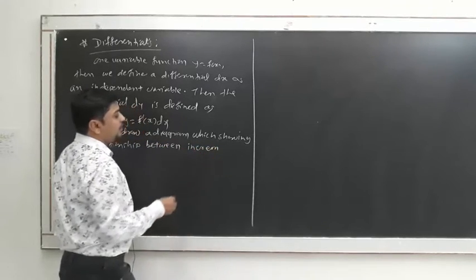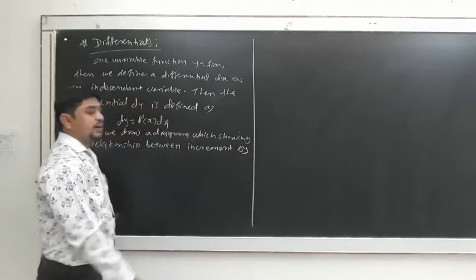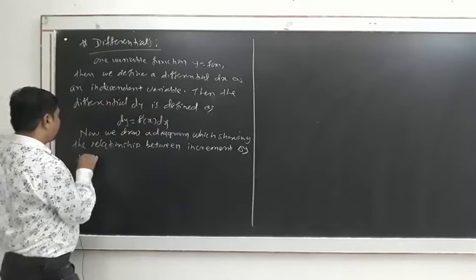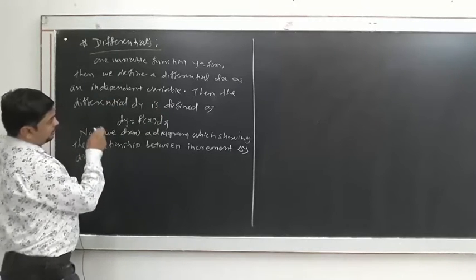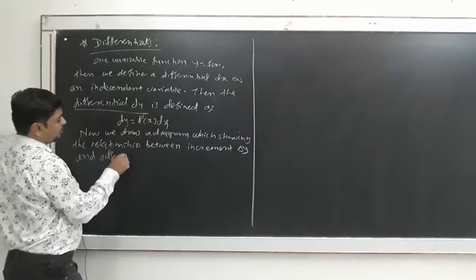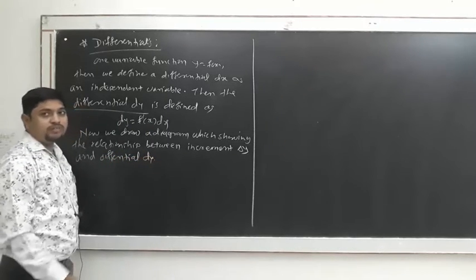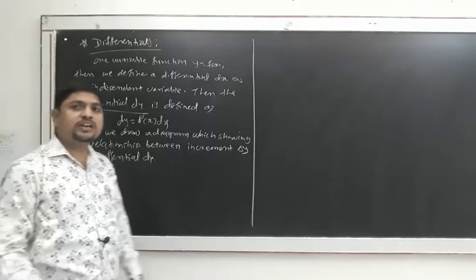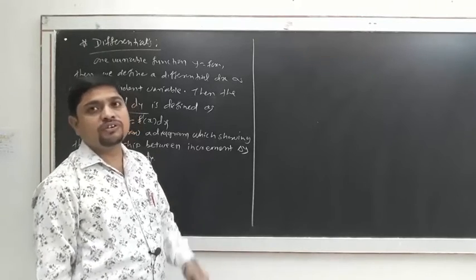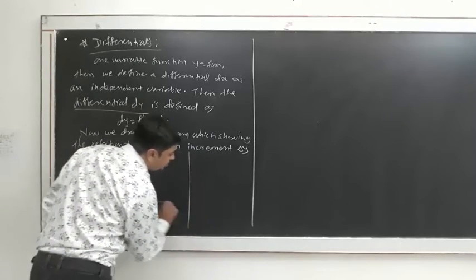Yesterday we defined the increment in y as delta y, and today we define the differential dy. What is the exact difference between the increment in y and the differential of y? How do we interpret this?